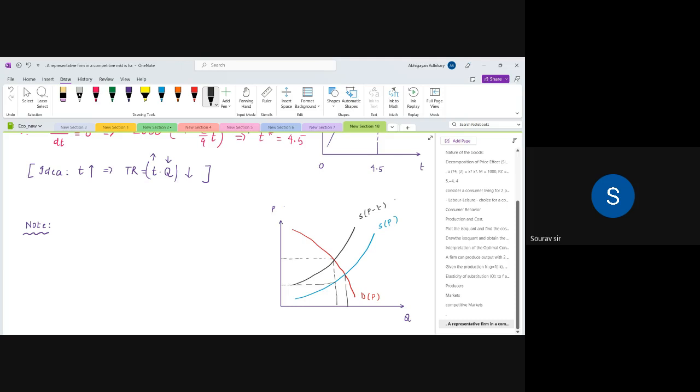Correct? In this case, this will be your deadweight loss. How are we going to evaluate this?